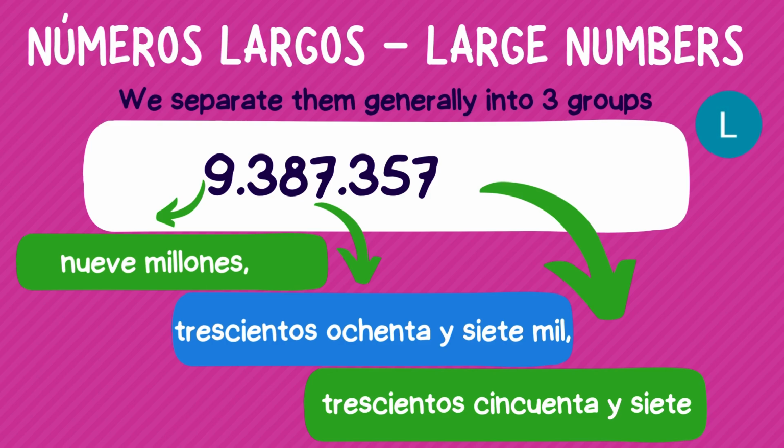The second group is 387,000. And the last group is 357. So how we would read that big number, it would be 9,387,357.